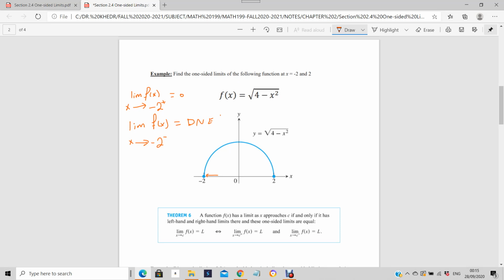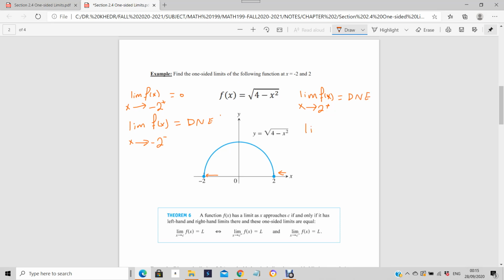Okay, how about at x equals 2? Well, we will say lim f of x as we approach x equals 2 from the right side. To the right of 2 here in this region, is there any function? No function. So what is the limit? D N E, does not exist.